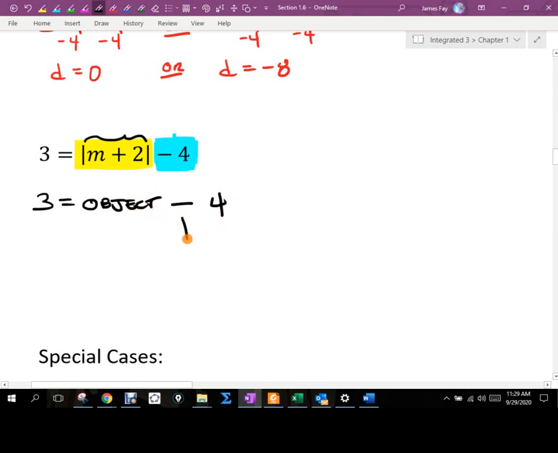It is a negative 4 if I just looked at it by itself, but when it's object, and then, isn't that saying minus 4? Does that make sense? Okay. So if that's minus 4, then you're going to add 4, right? Add 4 there, add 4 there.